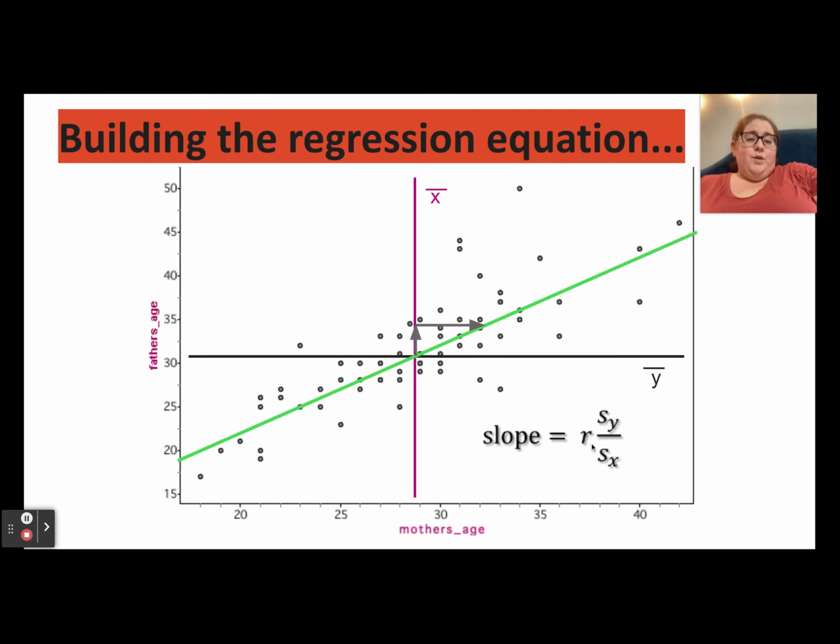But it also has to do with r, our correlation, because if the points are super spread out, meaning our correlation coefficient is weaker, that's going to have an impact on what our line of best fit looks like. So we find our slope by doing r times the standard deviation of y divided by the standard deviation of x. And then once you know it goes through the point x bar, y bar and has that slope, we can work backwards to figure out the y-intercept.